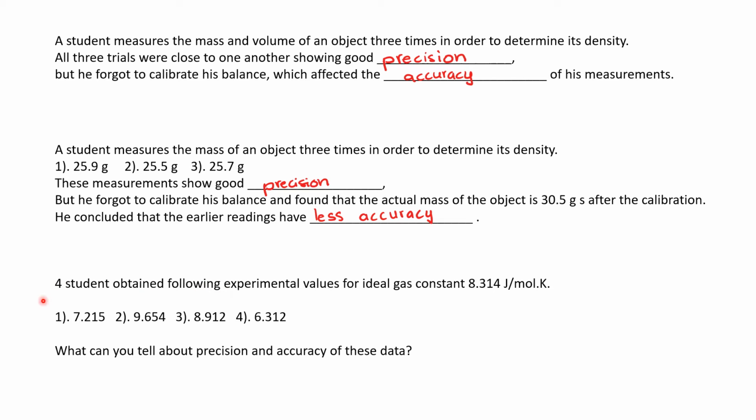By looking at these data, you notice that these are far apart from each other. That means they have a low precision, and as well they are far apart from the real or actual value, and these data have low precision and low accuracy.